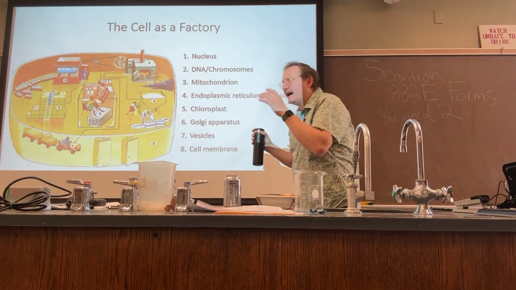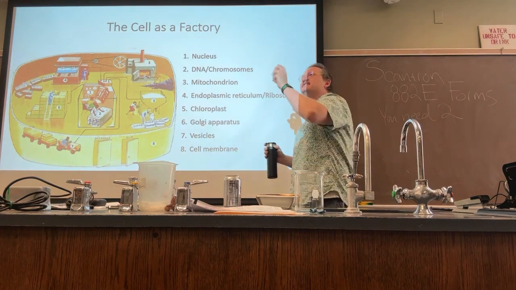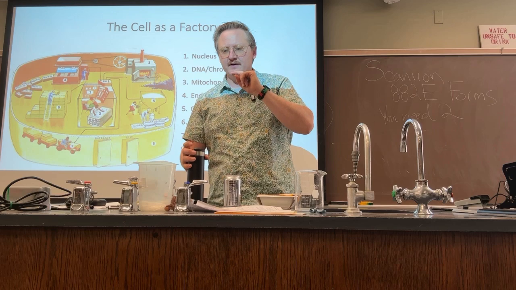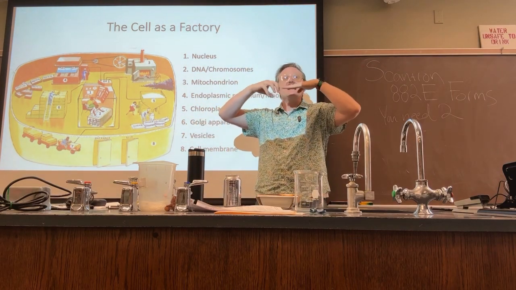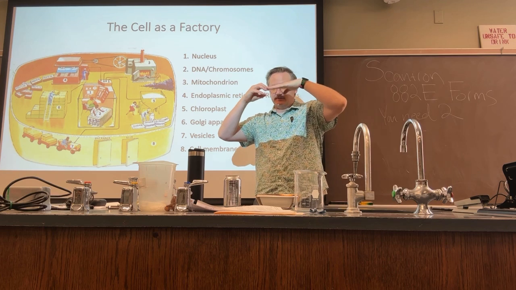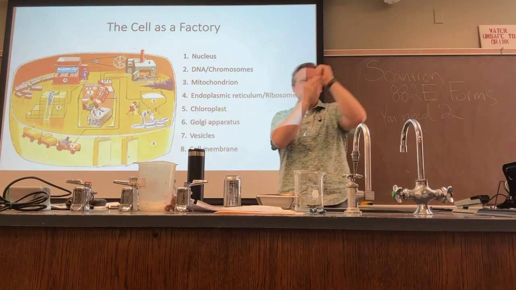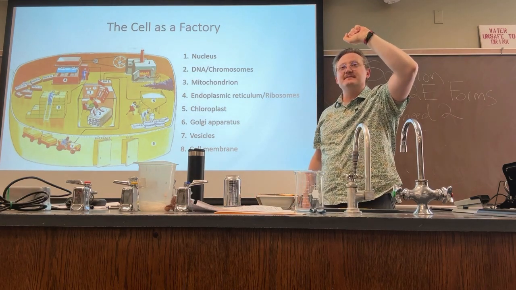It makes other things as well. But it's really convenient when you've got ribosomes and membrane together, because then you can take that protein you make and go bloop, put it in a little sack of membrane, a little phospholipid bilayer.